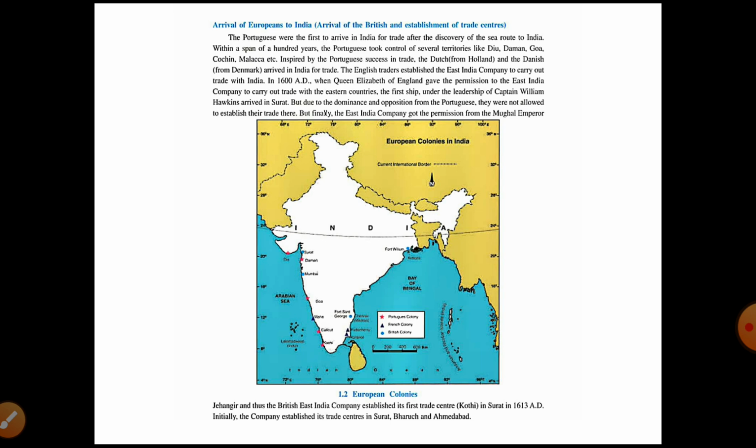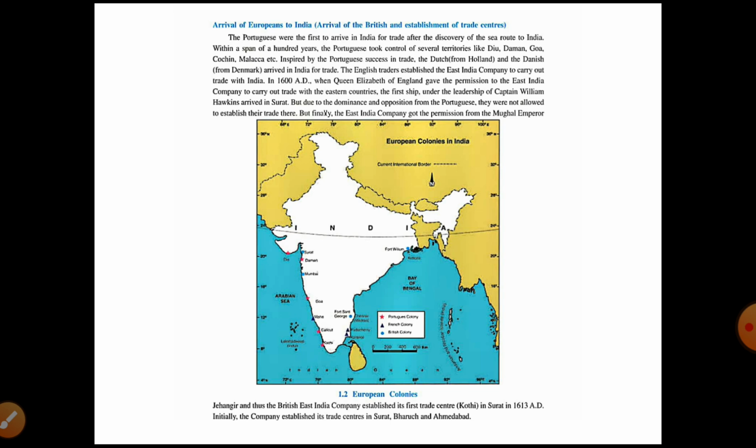In 1600 Anno Domini, when Queen Elizabeth of England gave permission to the East India Company to carry on trade with the eastern countries, the first ship under the leadership of Captain William Hawkins arrived in Surat.